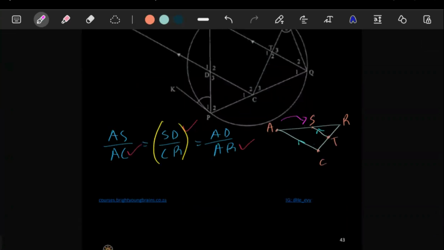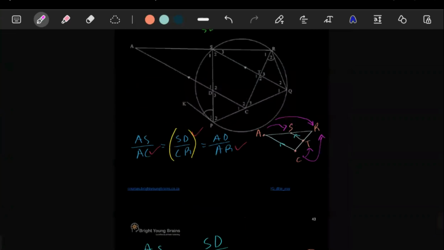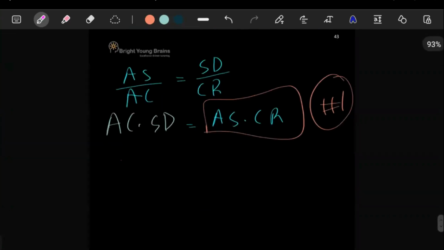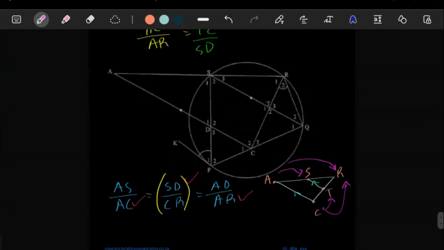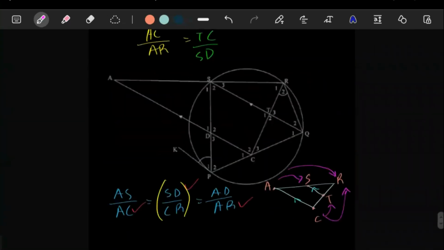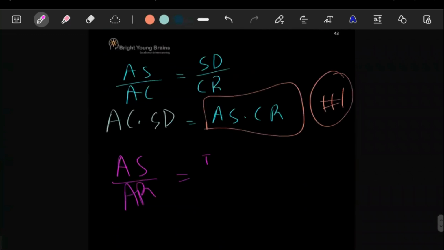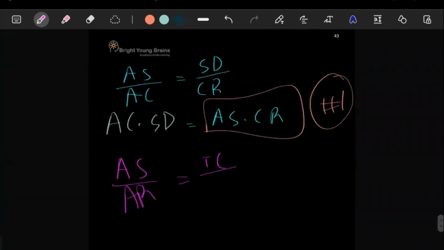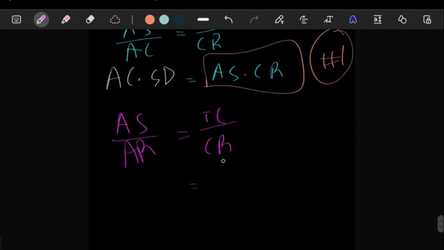Maybe this over that is the same as the TC over the CR. Let's write that down. So in another expression, AS over AR is equal to TC over CR. If you cross multiply, you're going to have AS times CR equal to TC times AR.